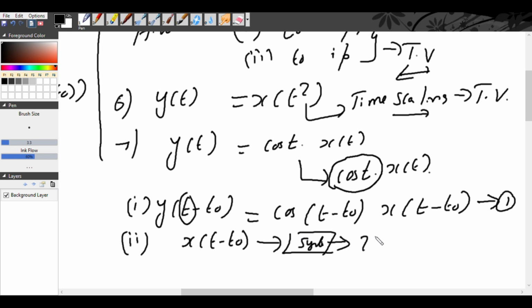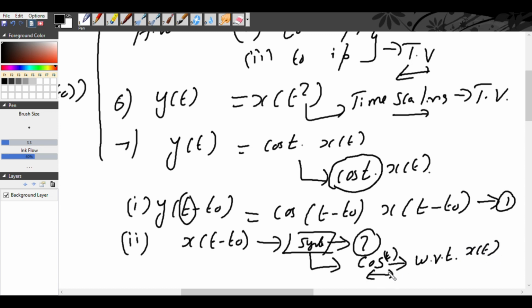But what it is going to do, because of the system's characteristics, whatever input you are giving, it is multiplying by what? It is multiplying by cos. Actually what it is doing is finding the value of cos t and multiplying cos t with x of t.